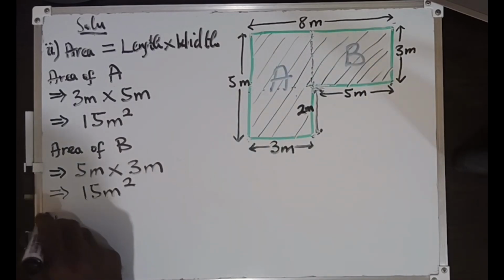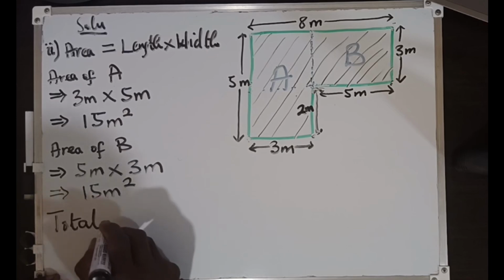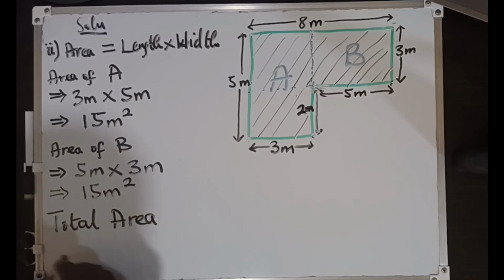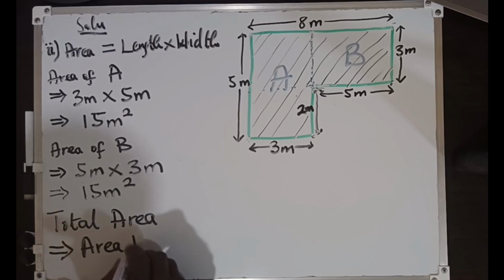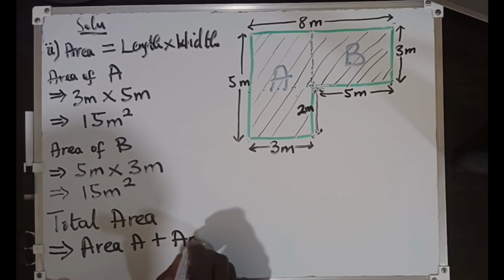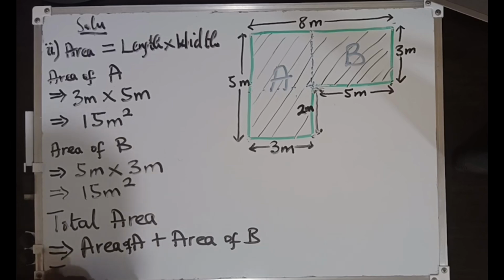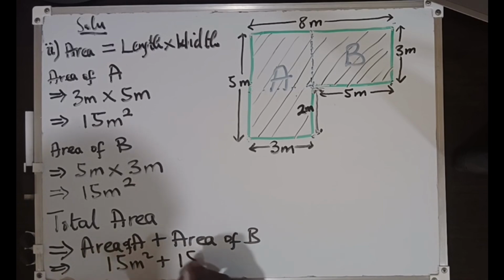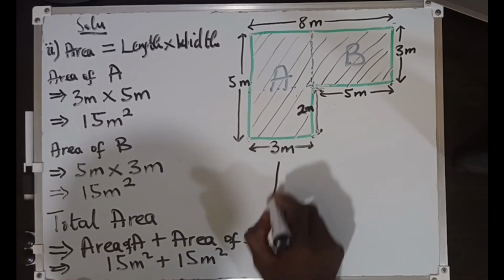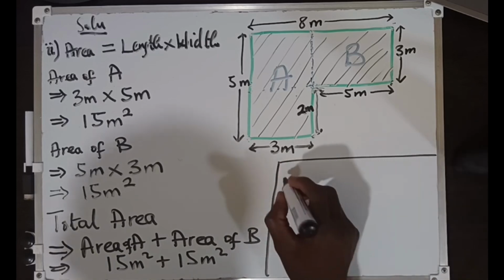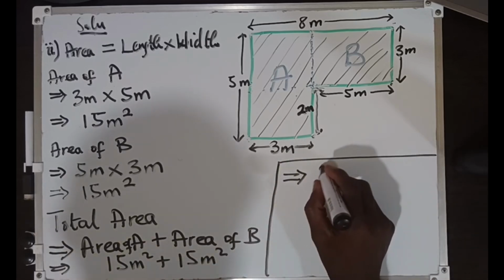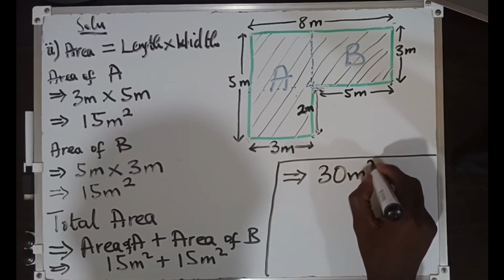So we say that total area is giving us area of region A plus area of B. So area of A plus the area of B, and that is 15 meters squared plus another 15 meters squared, and that is going to give us 15 plus 15 is 30 meters squared.